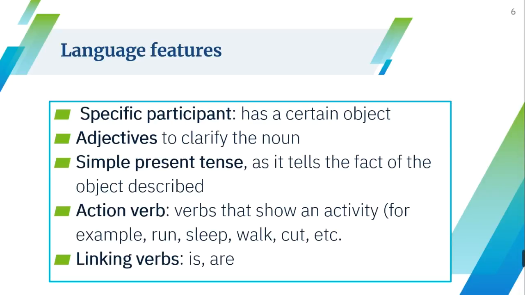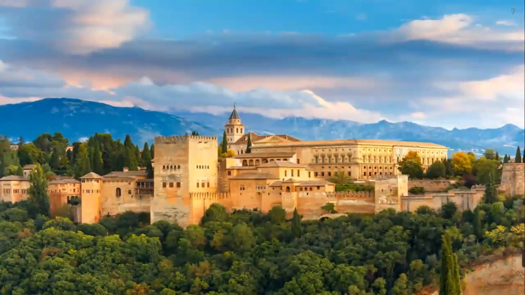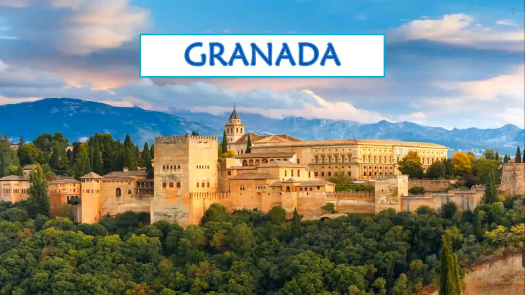And then the last is the use of linking verbs. Of course, this kind of verb will be used since the text will describe things, or at least the object is defined in the first place. Now, let's see an example of description in the form of video. Check it out.